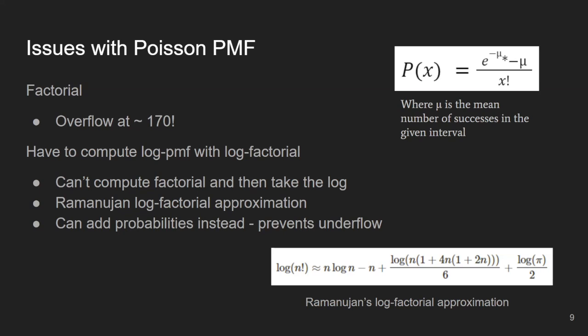We looked at a number of different log factorial approximations and log gamma functions, but we settled on the Ramanujan log factorial approximation as it's very accurate, it scales well, and avoids the problem we were having. This ended up being helpful as we can use the log PMF to add probabilities together instead of multiplying them together, because we're supposed to be multiplying them, and this prevents underflow.